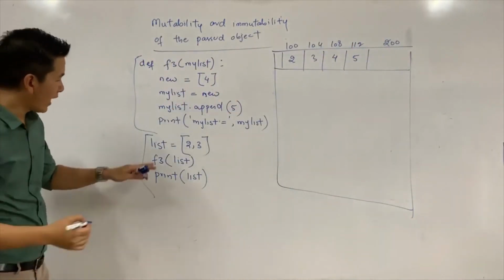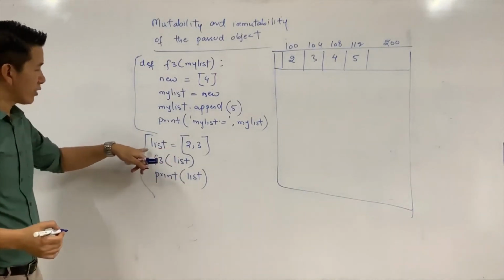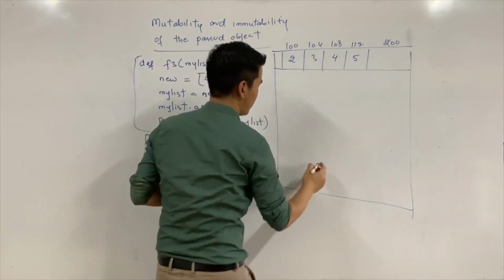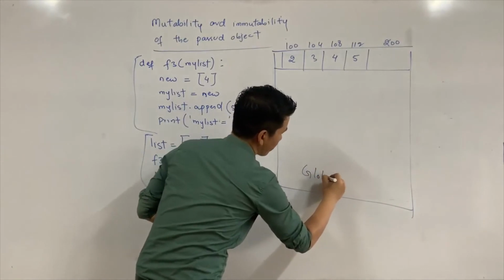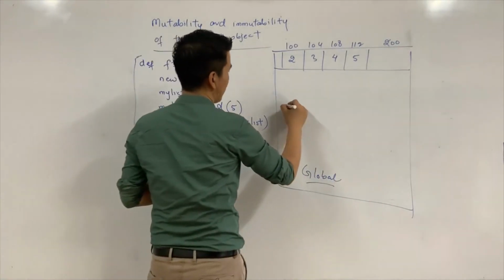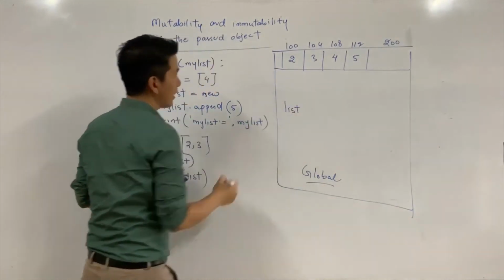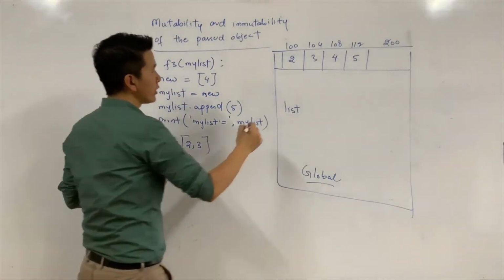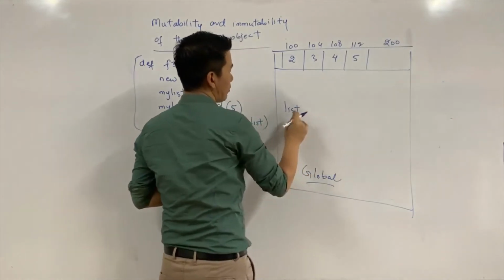So with the execution of the first statement in the global namespace, you will have the original list, and this will be pointing to this.